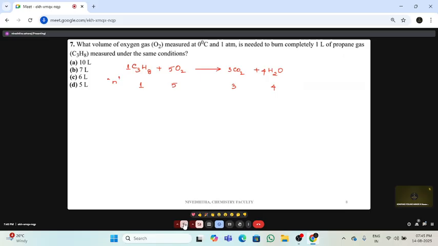So can you please solve now? Here the inference is in terms of number of moles, but the question is in terms of volume. So how to do that? We know at standard temperature and pressure, 1 mole of gas occupies how much liter? What is the molar volume? 22.4 liters. So this is the clue.